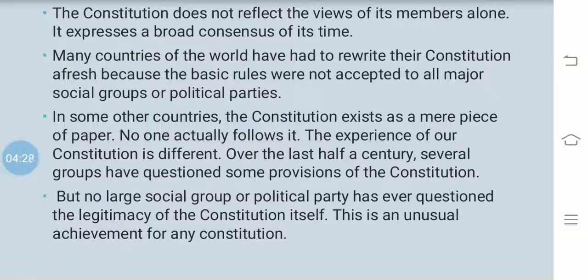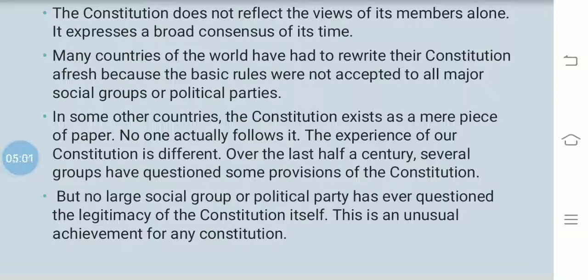Broad consensus means people actually agreed, because the members of the Constituent Assembly were chosen from all over India, and that too through elections. We the people have chosen the members of the Constituent Assembly. So this reflects our view. Many countries had to rewrite their constitutions because they were not accepted by all of the social groups in the country.